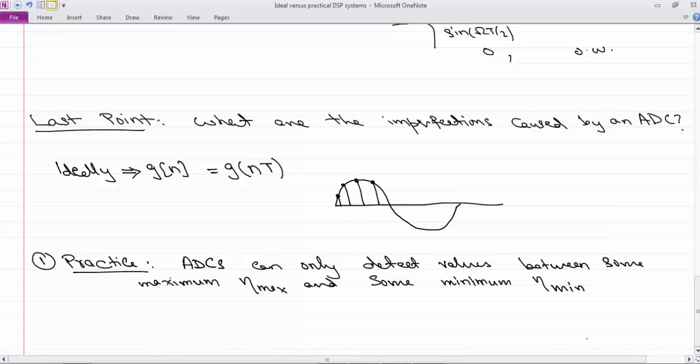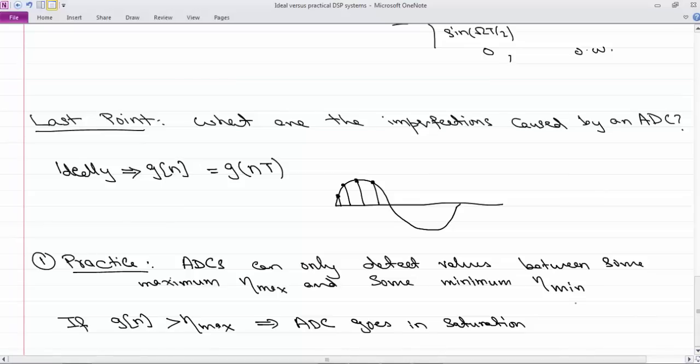So if the value of the signal goes above, if Gn is bigger than eta max, then the ADC goes in what's called the saturation mode, in the sense that even though Gn is bigger than eta max, the ADC cannot record bigger than eta max.